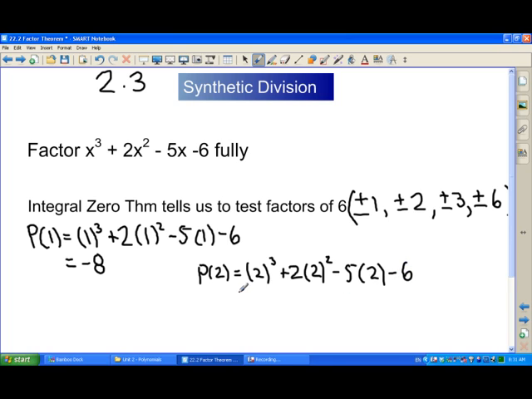And this time, I end up with a value of 0 when I evaluate this polynomial at 2, which tells me that the binomial x minus 2 is a factor.